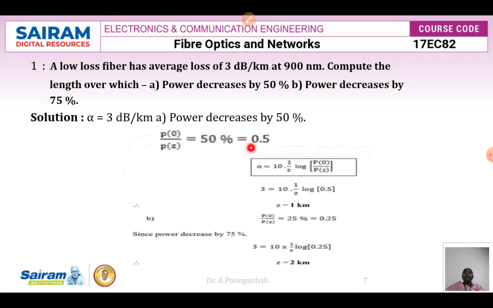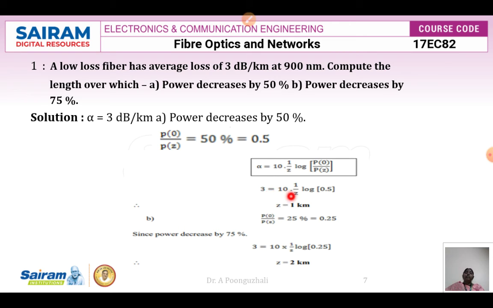50% is 0.5. Now we are going to find the length. Alpha is equal to 10 into 1 by Z into log of P of 0 by P of Z. Z is given as 1 kilometer, since it is per kilometer, so Z is 1.